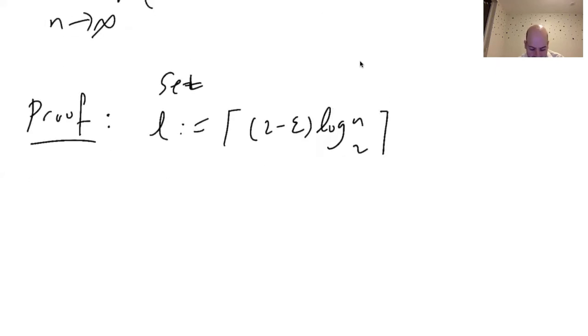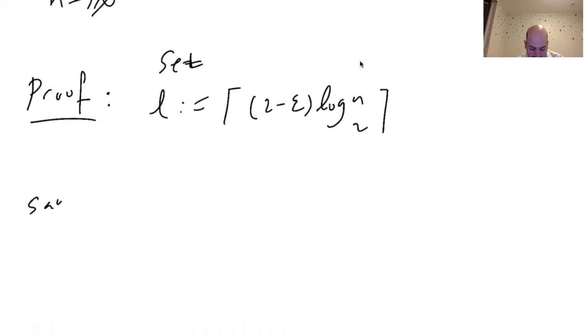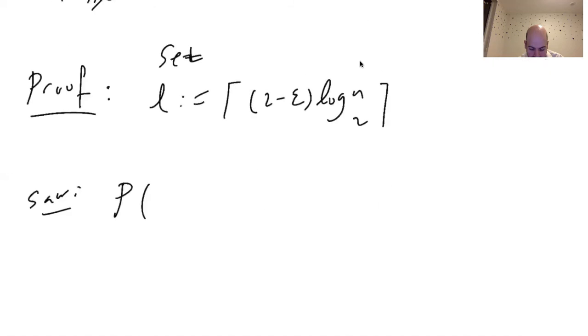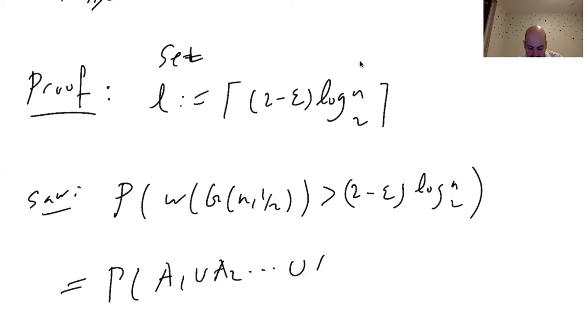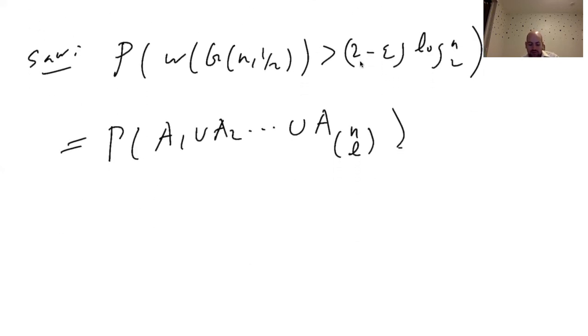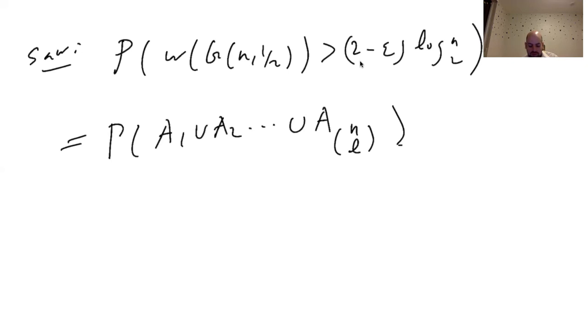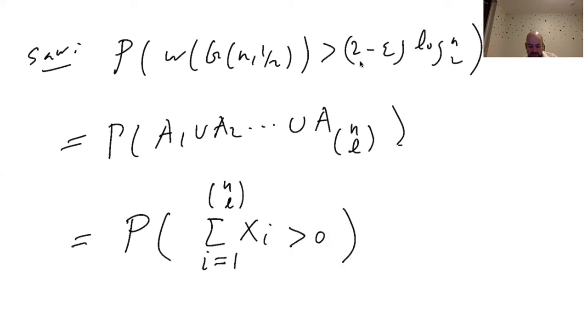Okay, and we saw that P of omega of G(n, 1/2) bigger than 2 minus epsilon log n choose 2 is the same as P of A1 union A2 union, up to A sub n choose L. And this is the same as P of the sum of X_i, i from 1 to n choose L, being positive, right?